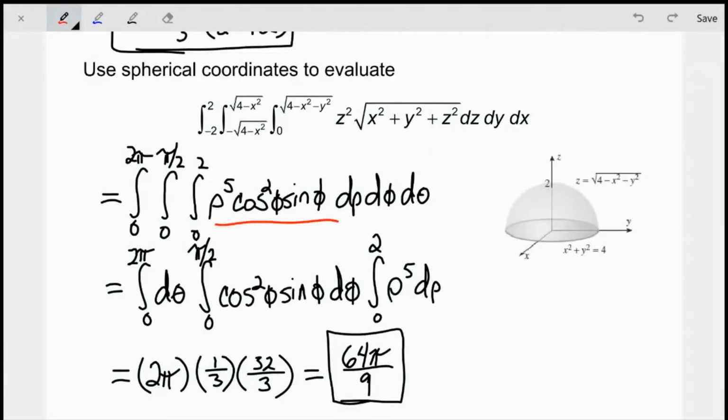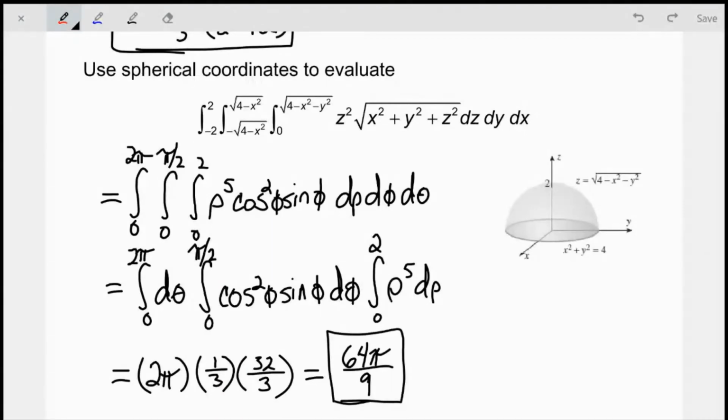And when you look at this one, again, we have this similar situation where we can break this apart. We've got a theta piece, we've got a phi piece, and we have a rho piece. None of those antiderivatives are going to interact with each other from an antiderivative standpoint. So that means I can break this apart into 3 integrals. And in the end, you get 64 pi over 9.